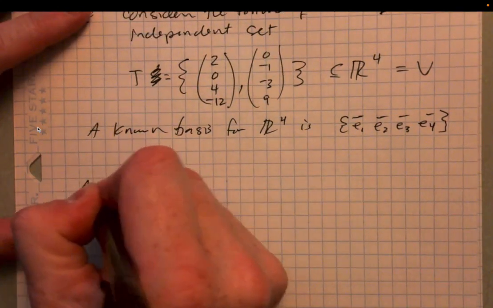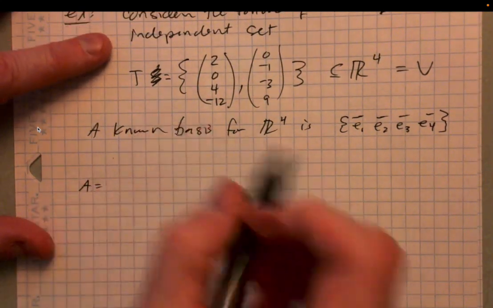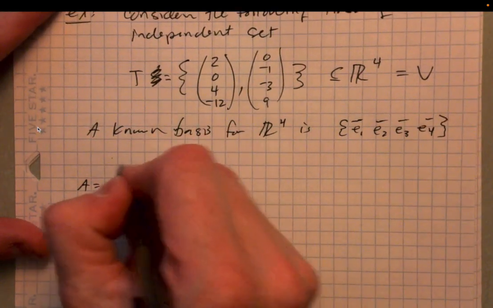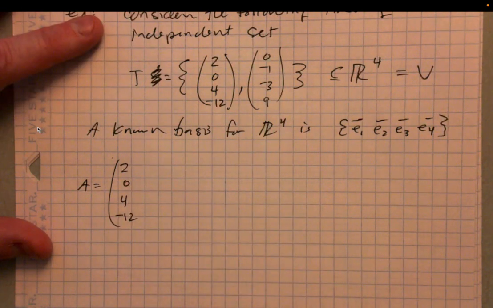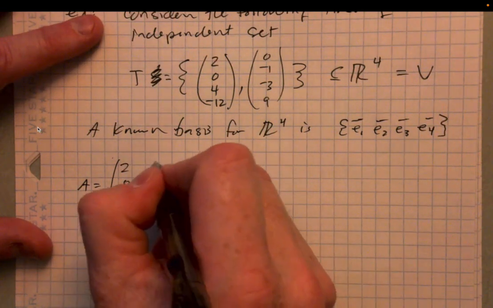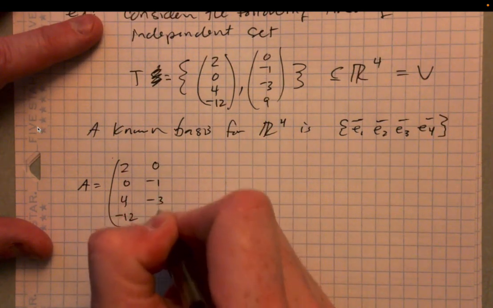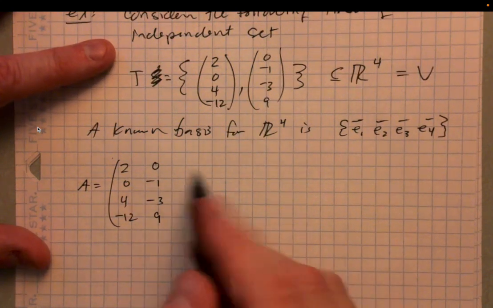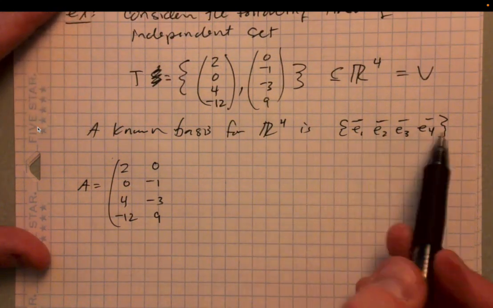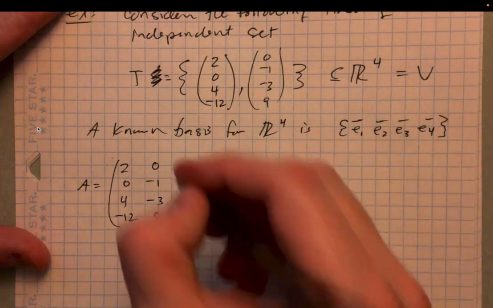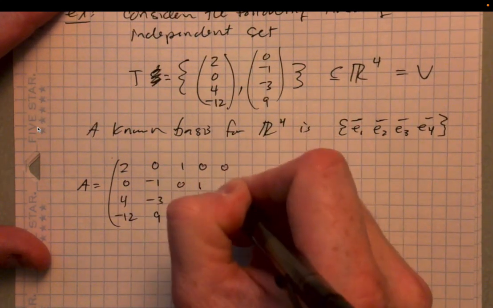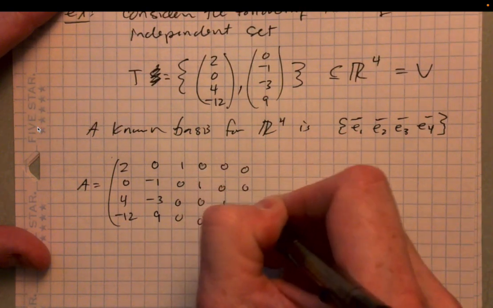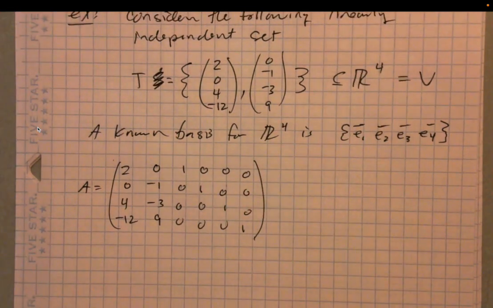So we set up a matrix A, and we plug in the columns of T first: (2, 0, 4, -12) and (0, -1, -3, 9). Then we put in the vectors from the basis: (1, 0, 0, 0), (0, 1, 0, 0), (0, 0, 1, 0), (0, 0, 0, 1). Now we're just going to row reduce this.